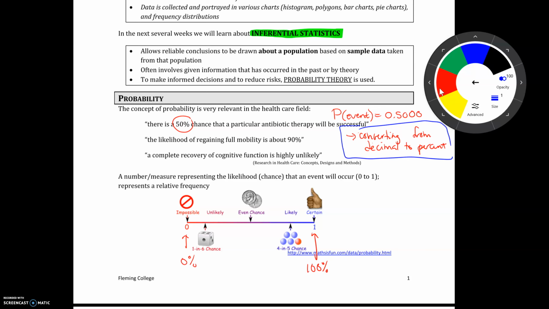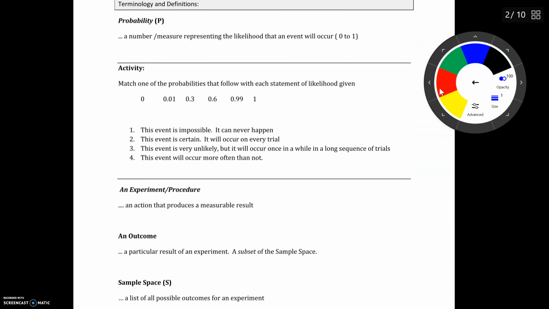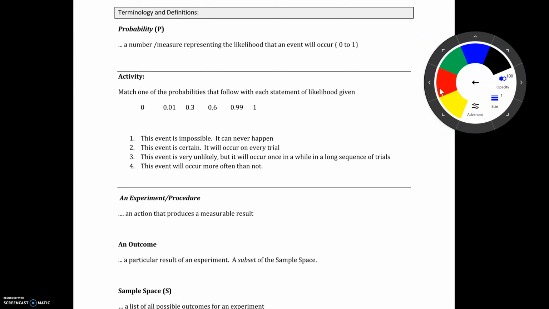Okay. The next thing we need to go over before we start doing any calculations is some of the terminology involved in probability. We just talked about it: probability is a number representing the likelihood that an event will happen.